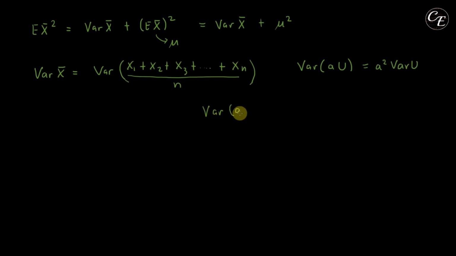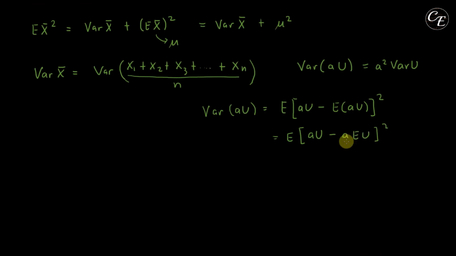The reason for this one is because we have a general formula for variance. Variance of a times u is equal to expectation of a times u minus the expectation of a times u, squared. The expectation of a times u is a times expectation of u.